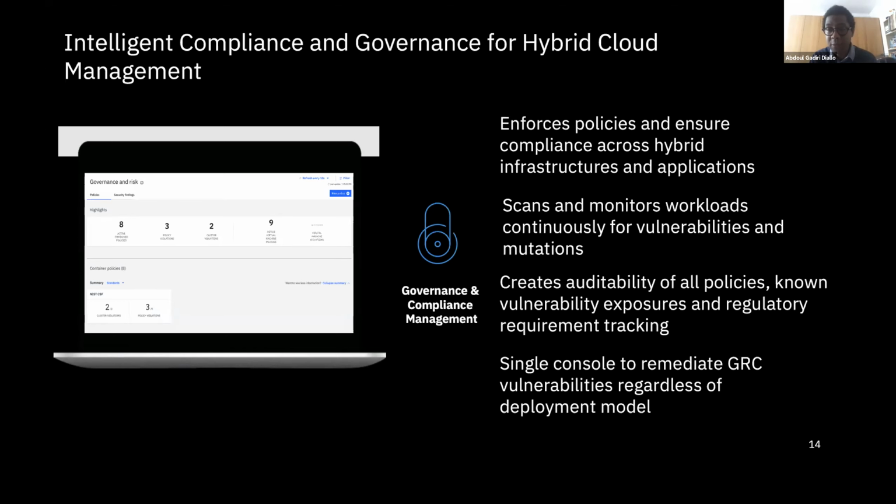And moreover, we also have something that is called a mutation advisor. That can help you detect if something that was deployed has been changed in the course of time. And we can also generate detailed information to see the policy violations, and that can be seen from the user interface here.